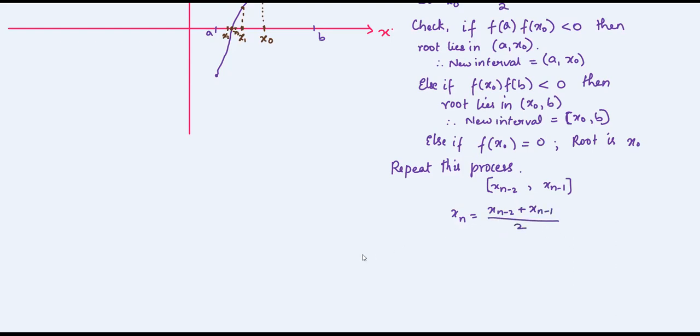Now this n can be as large as the accuracy we want. We can take n up to 10, that means 10 iterations, so we will get closer and closer to the root. If we make 100 iterations, you will get very, very close to the root, if not directly equal.